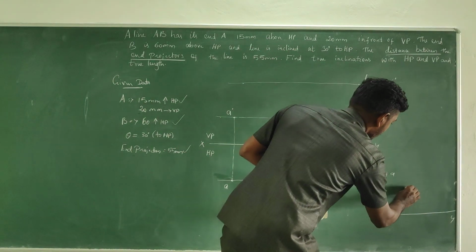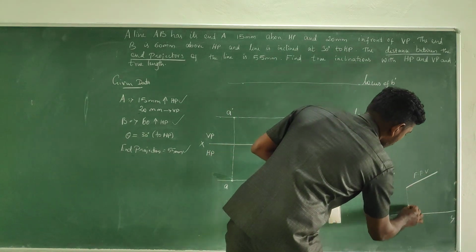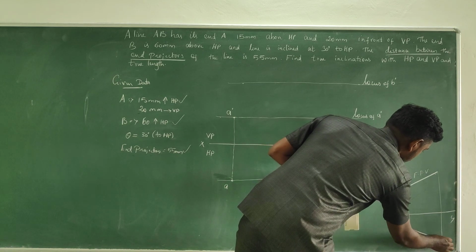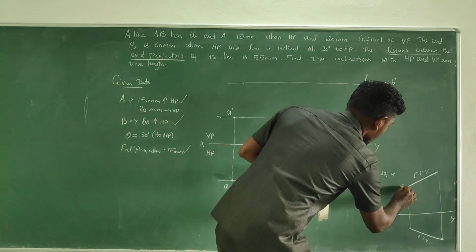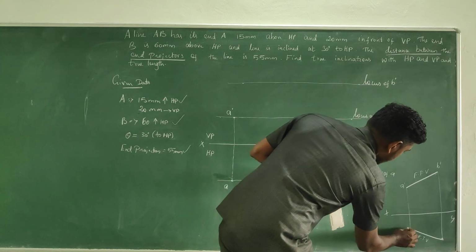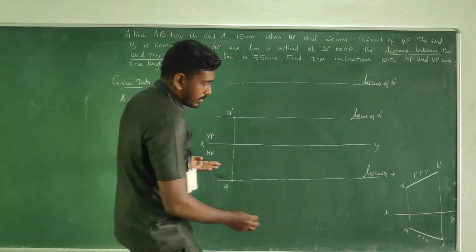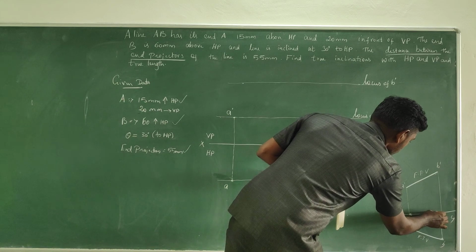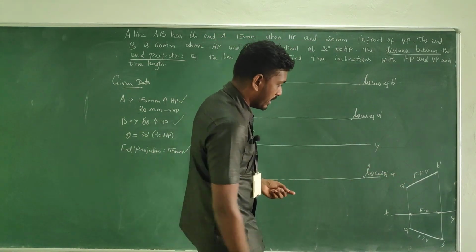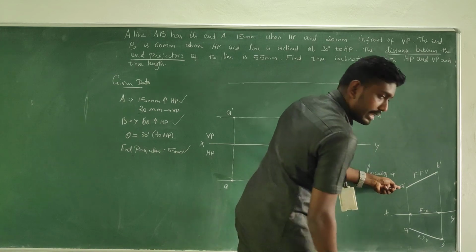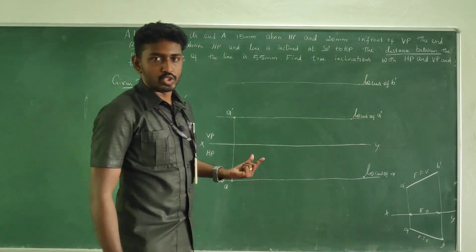For example, if this is the final front view length and this is the final top view length, assume this is A dash, B dash, and this is A and B. The horizontal distance between the line connecting A dash and A and the line connecting B dash and B is called the end projector distance.